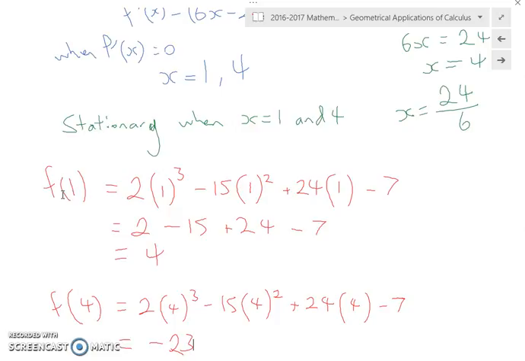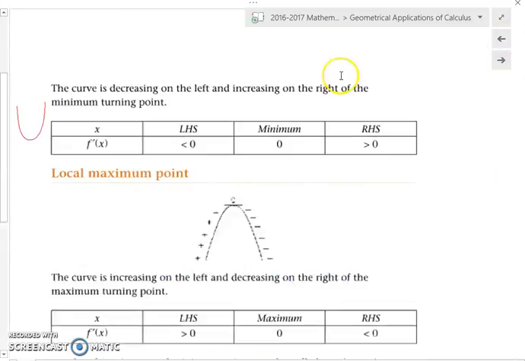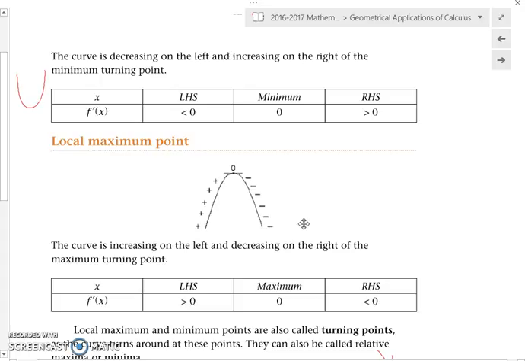Okay, so what are we going to do? We have to substitute in, but we've substituted into the original. We're going to substitute into the derivative. Why the derivative? Does anyone remember? Or a point of inflection.